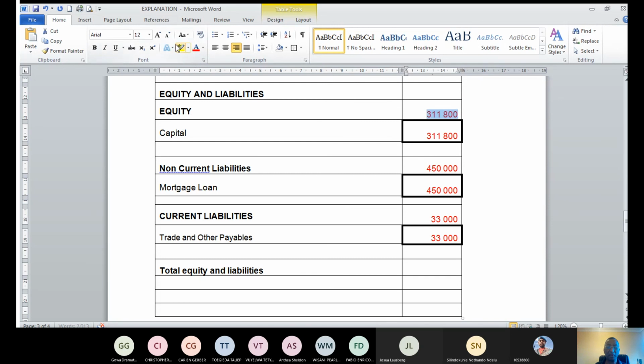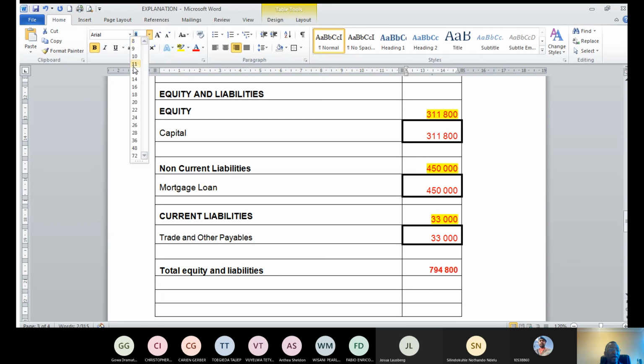That will give you the bottom section of the statement. So we will take the equity, non-current total, and current liabilities total, and that will give you your total equity and liabilities. Add that up, 794,800 Rand is then the bottom section.